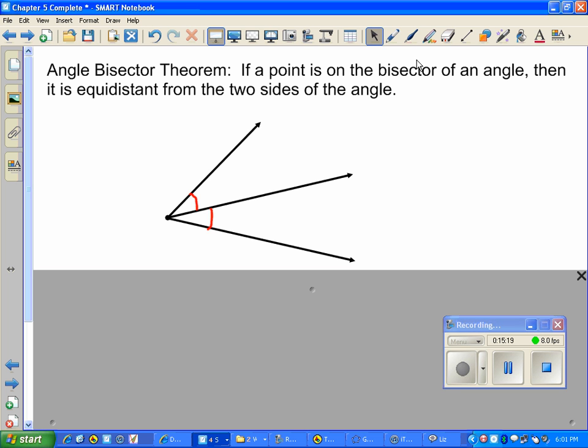And remember, distance from two sides, so two lines, means that if this is the point, the segment from here and perpendicular to here is going to be the same as the segment from here and perpendicular to the other side. So these are going to be congruent segments.